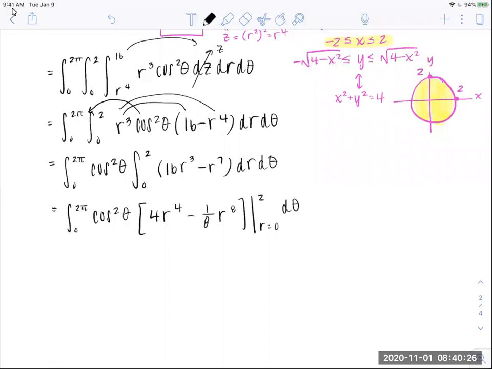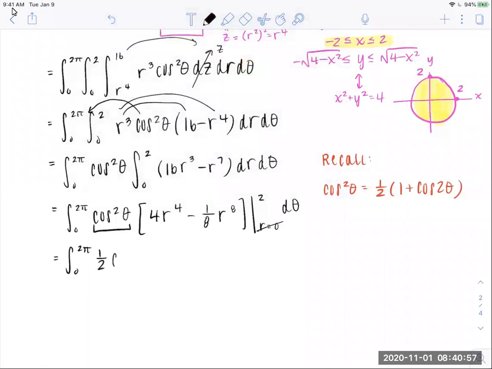Now plugging in 0 is going to drop everything out, so I'll just plug in 2. And while I'm doing that, I'm going to rewrite this cosine squared using the half angle identity. So let me just write this off to the side. Recall that cosine squared theta can be written as 1/2 of 1 plus cosine of 2 theta.